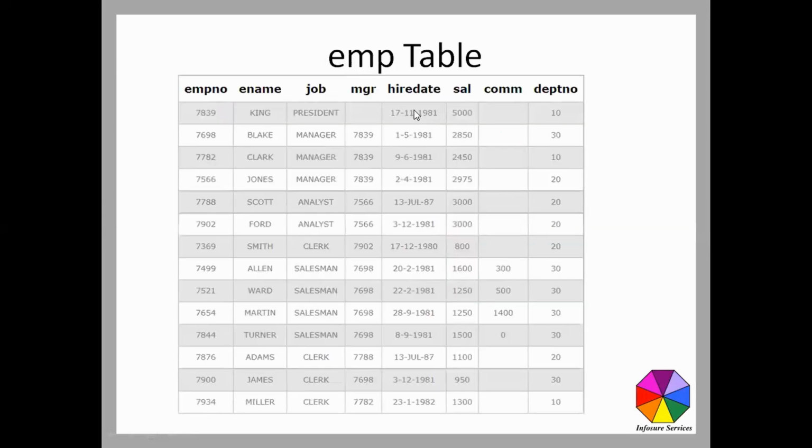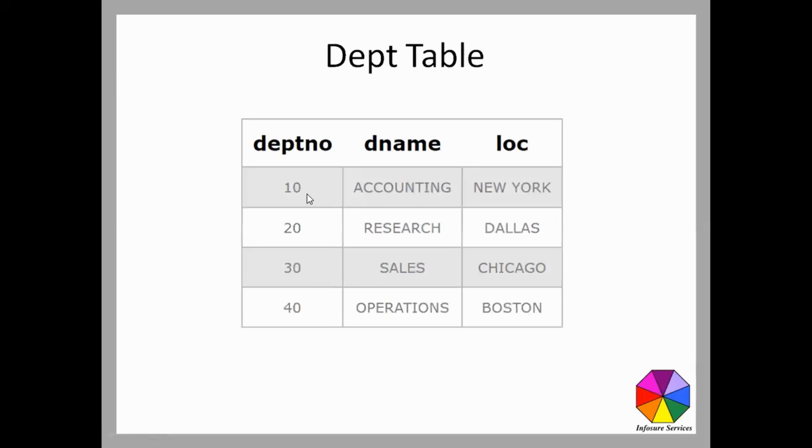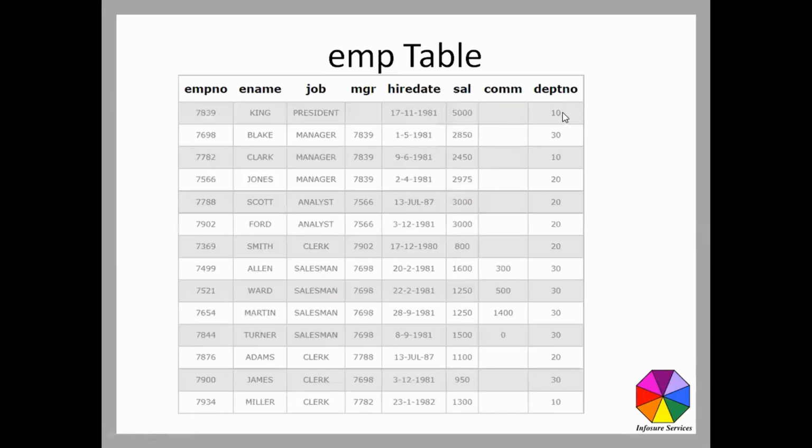The employee table has employee number, which is unique, right? No two employees should have the same employee number. So this is the primary key. Employee number is the primary key of the employee table. However, the department number is repeating. In the accounting department, I have 10, the president, another 10.